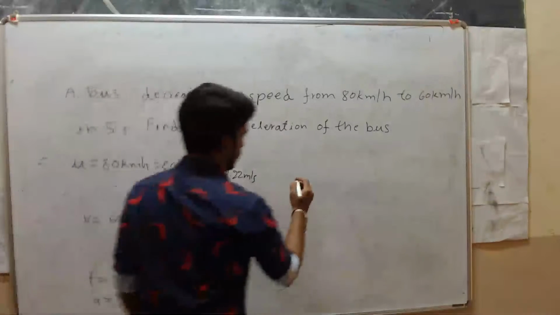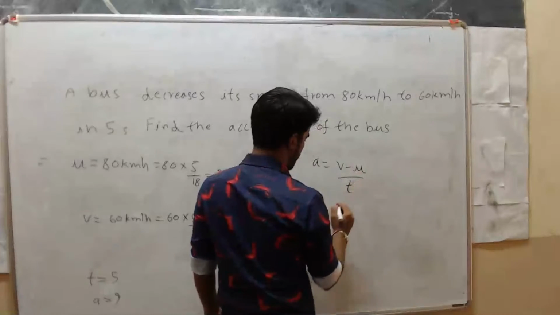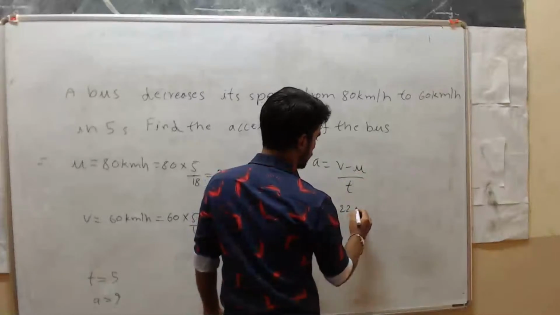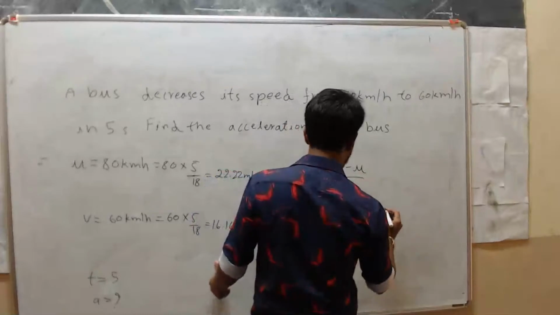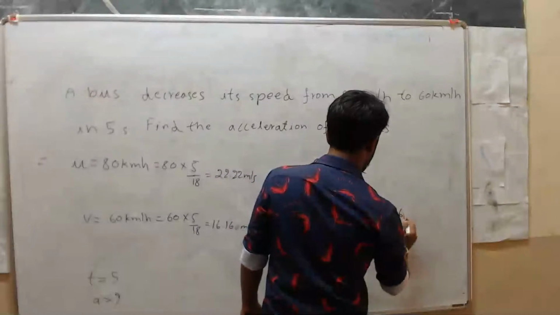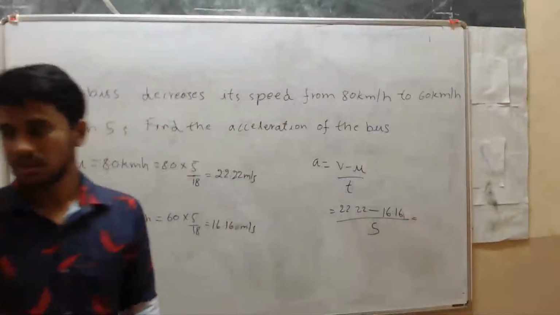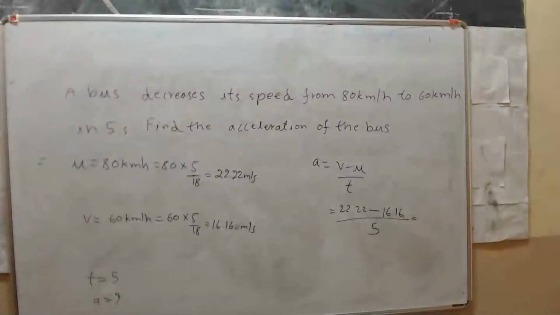Yes, we know the formula, acceleration a equals v minus u divided by t. So v is 22.22 minus u is 16.166, divided by 5. Tell me the answer.